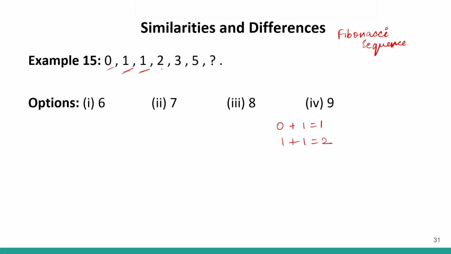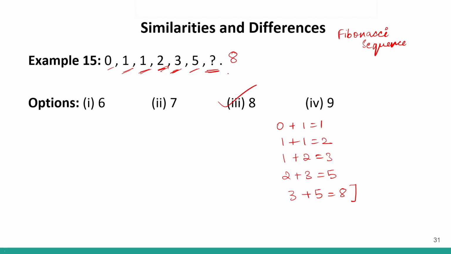So this plus this gives me this. Now, 1 plus 2 will give me 3. This plus this will give me this. 2 plus 3 will give me 5. So this plus this will give me this. So the next element will be 3 plus 5, which will give me 8. So the next element will be 8, which is option number 3.